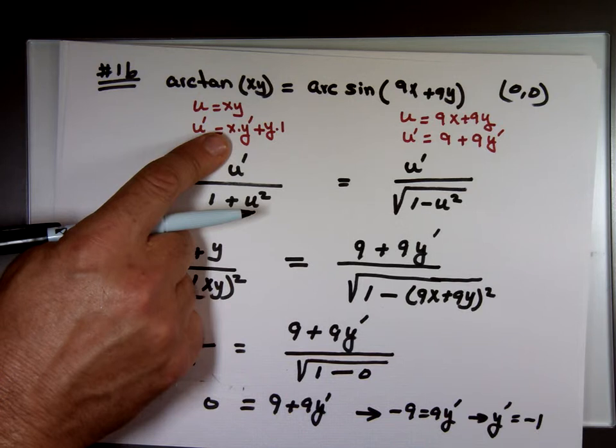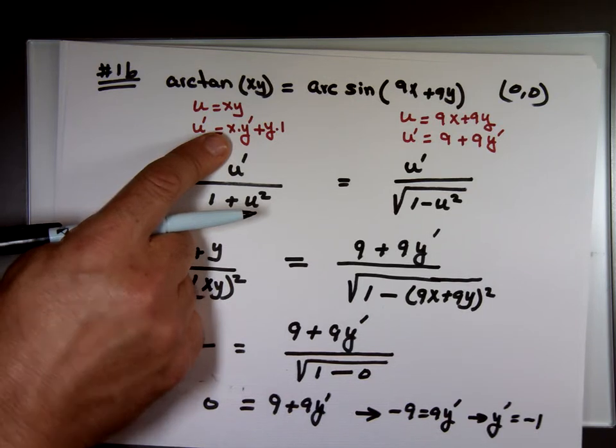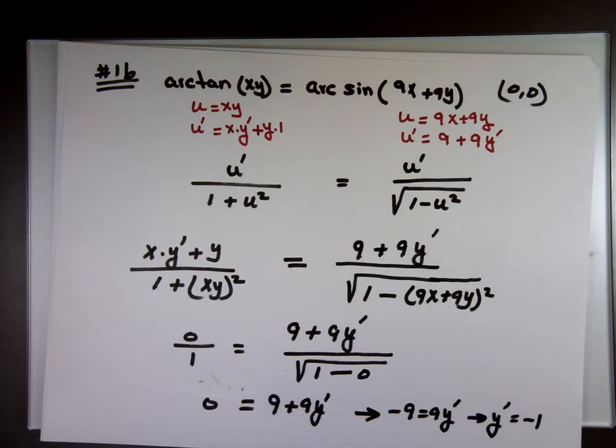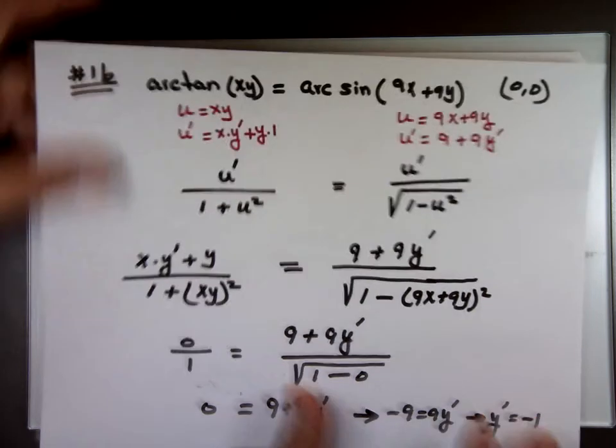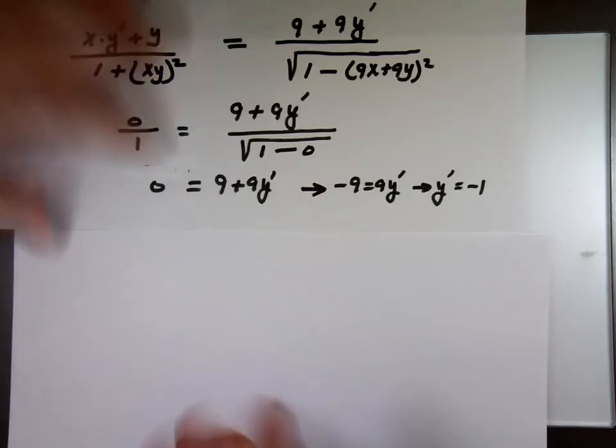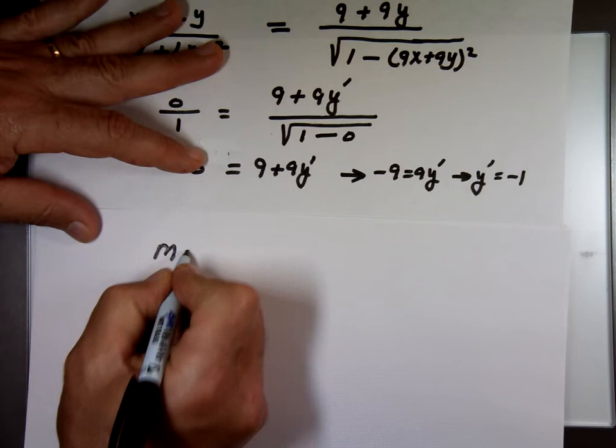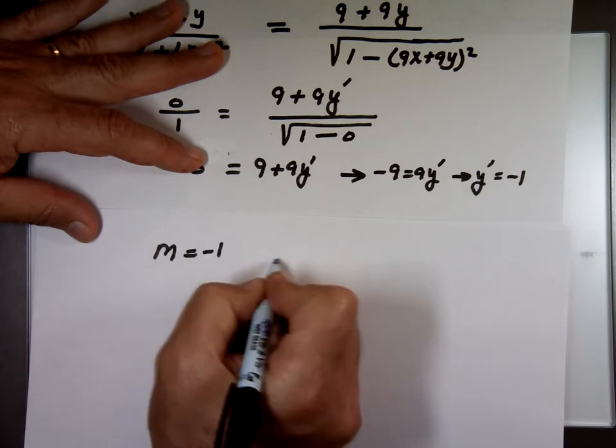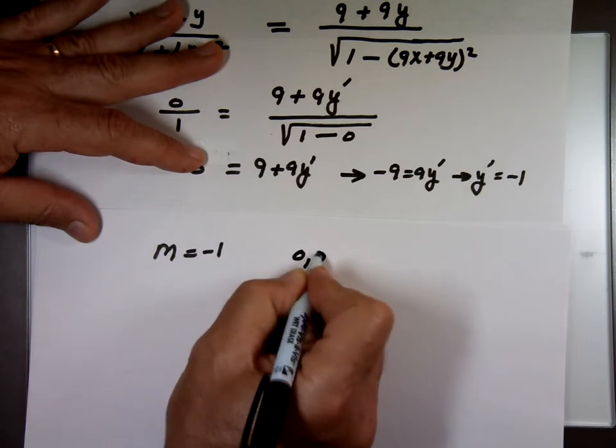Find the equation. Oh, find the equation of the tangent line, not the slope. This is the slope. So the slope, m, is minus 1. The slope is the derivative, so now we know m equals minus 1. We have a point 0, comma 0. How do you find the equation?